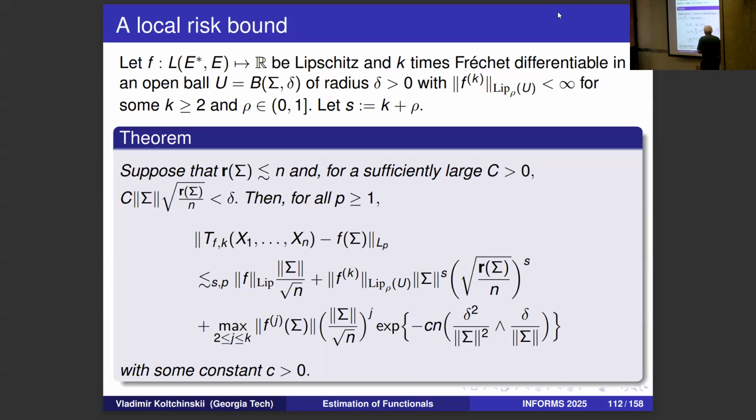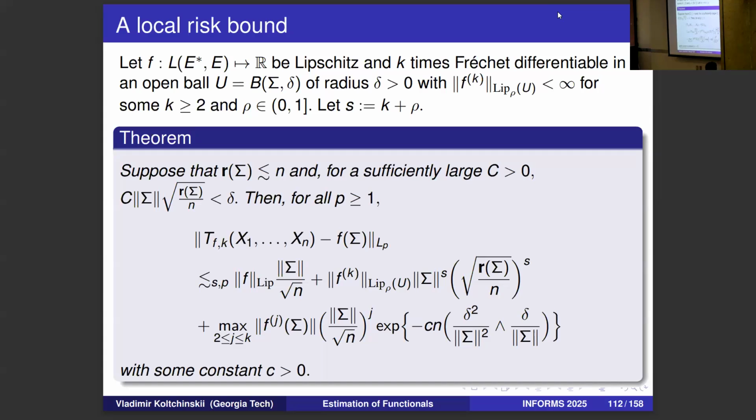And then there is a quite similar bound with some additional terms, related to the fact that I now need to see what happens when my estimators, for instance the sample covariance, are outside of this neighborhood, which could easily happen.